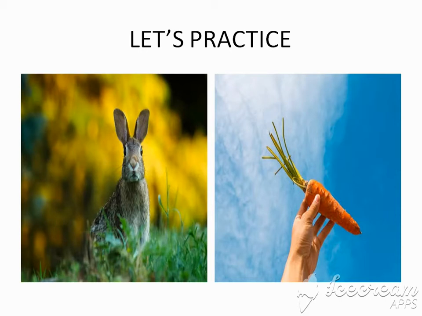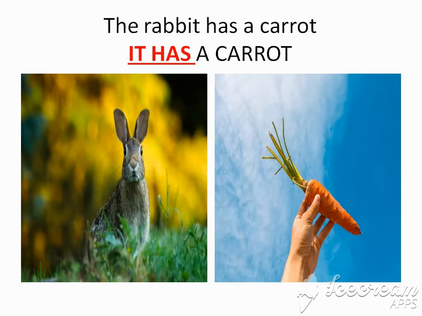As you can see, in these pictures we have a rabbit and a carrot. So automatically we use it because it is used for an animal. The rabbit has a carrot. We replace the rabbit with it: it has a carrot.